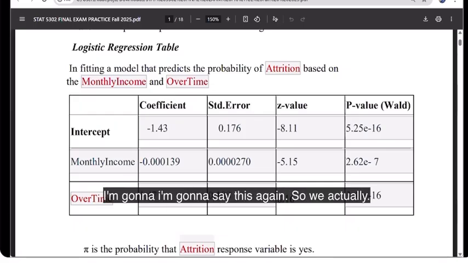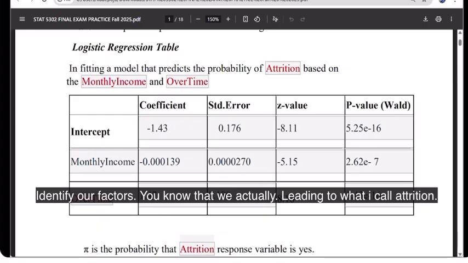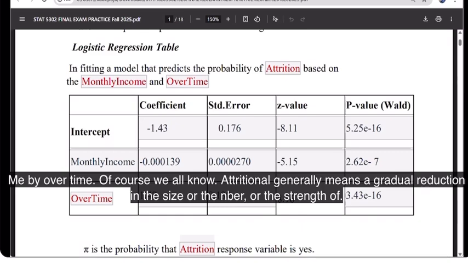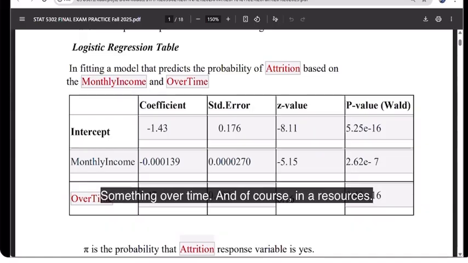So we're building a model, trying to identify the factors leading to what I call attrition. We want to consider monthly income and the role played by overtime. Attrition generally means a gradual reduction in the size, number, or strength of something over time.